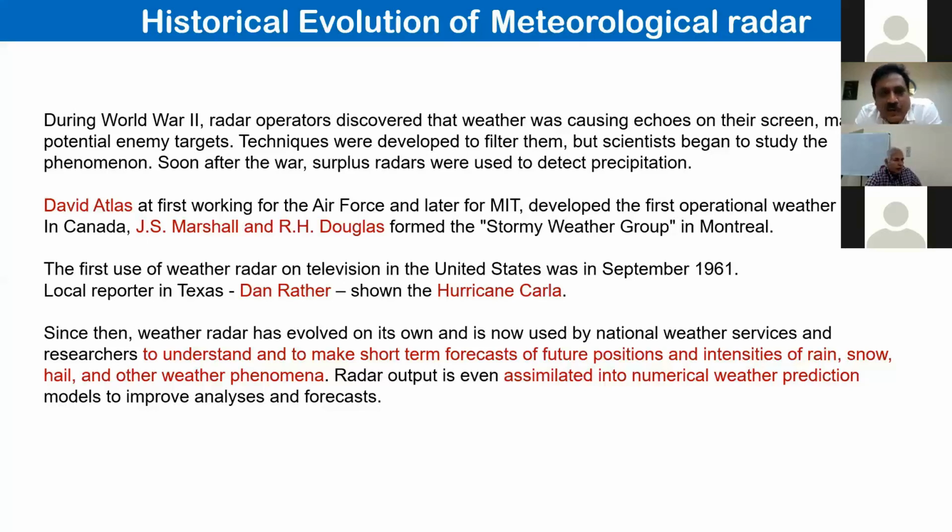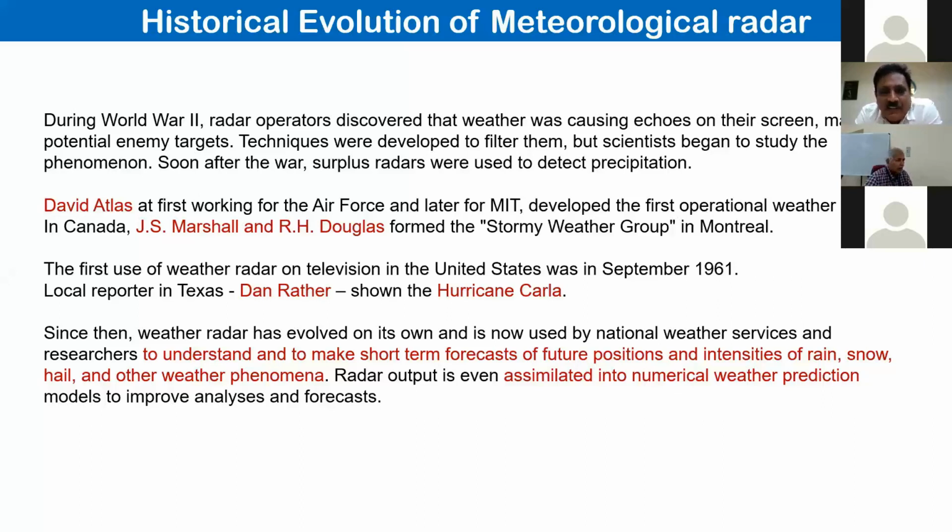During the World War, when they were tracking the enemy aircraft, the radar operators most of the time saw some other echoes which were not from the aircraft. They were there because of the disturbed weather, maybe because of cloud, rain and other things, so they used to filter them to know where the aircraft was.